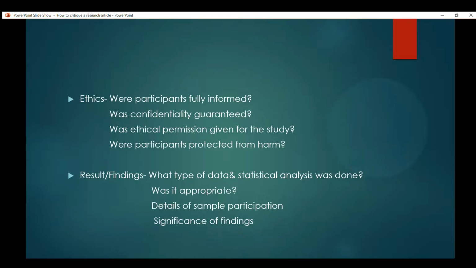There are several, so which one is appropriate for that particular research that was carried out? Was it the appropriate one? And then the sample size that was used, they need to give a detail. If anyone left the research, it needs to be stated, and the reason for leaving needs to be stated. Everything needs to be broken down.